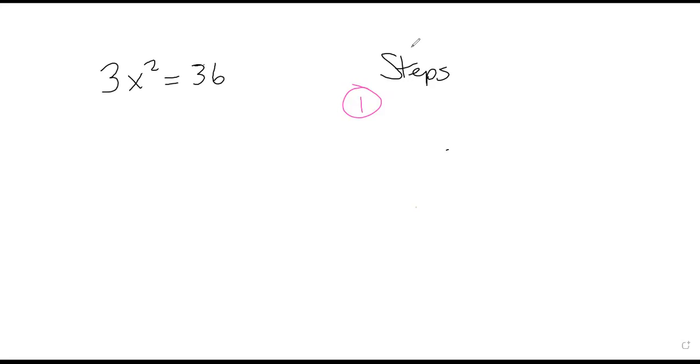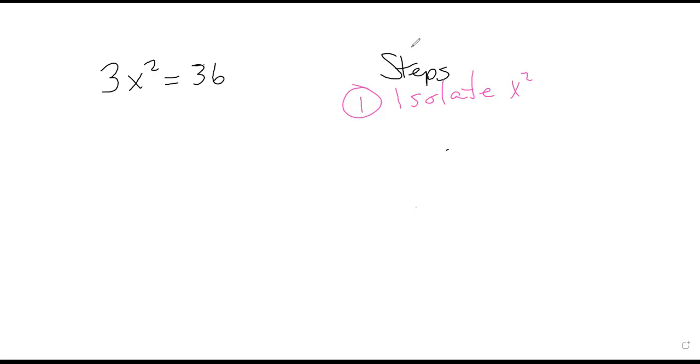Oh, in my notes, wasn't there supposed to be an addition? I changed step one. So step one is to isolate x squared. Yes, John?